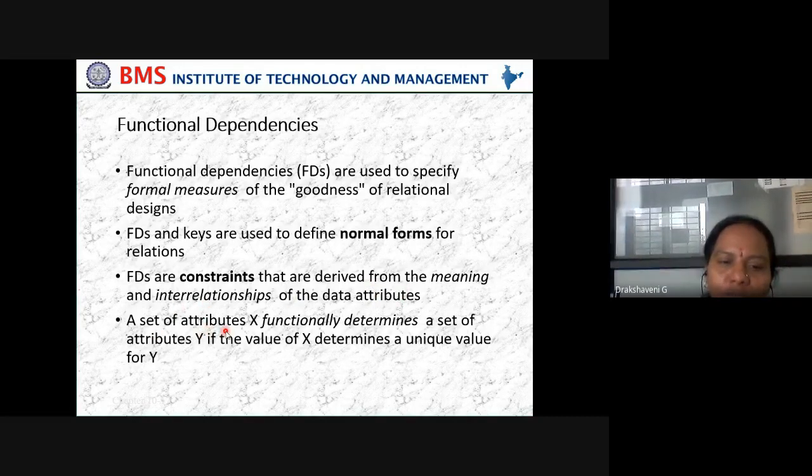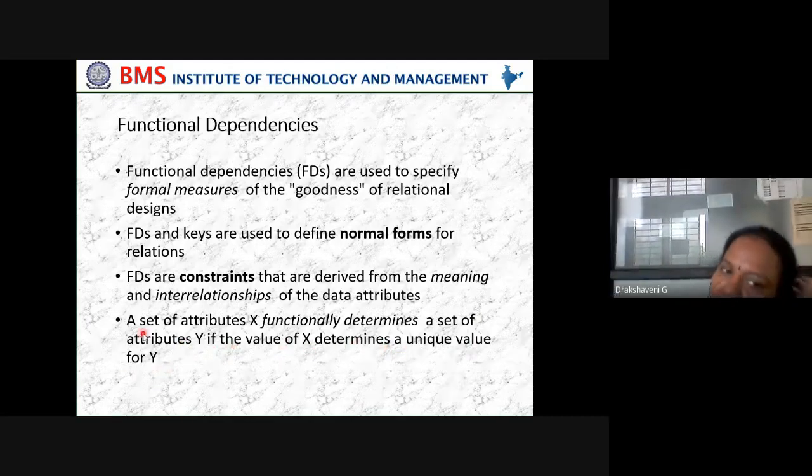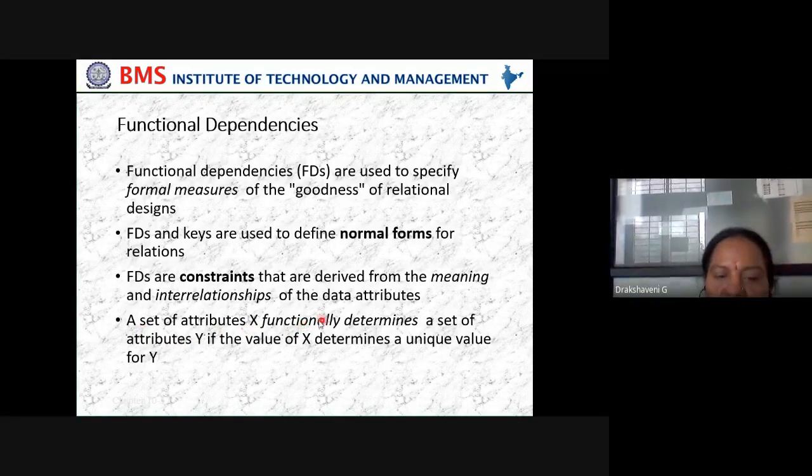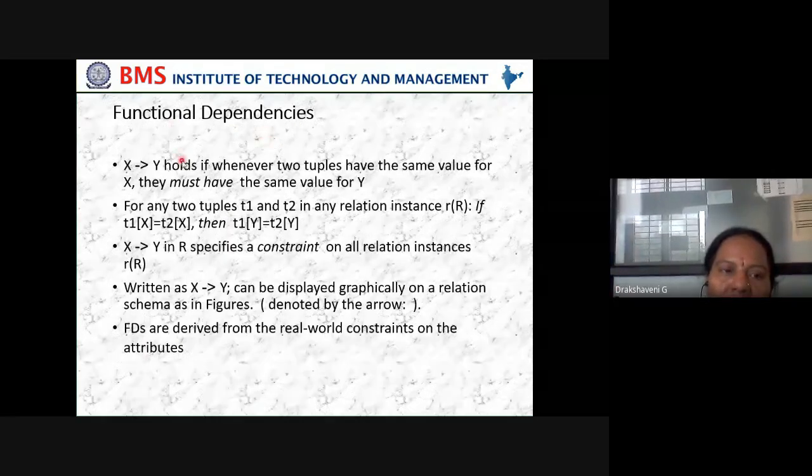A set of attributes X functionally determines a set of attributes Y if the value of X determines a unique value for Y. So that is what a functional dependency is.